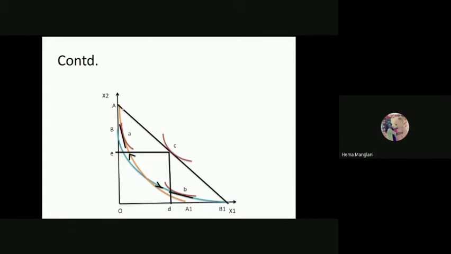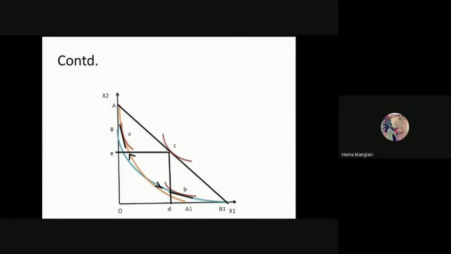That country A will produce the whole OA commodity of X2, and out of this, OE they will keep for their own consumption, and the remaining AE they will offer to nation B. Okay, and then EC they'll be exchanging.